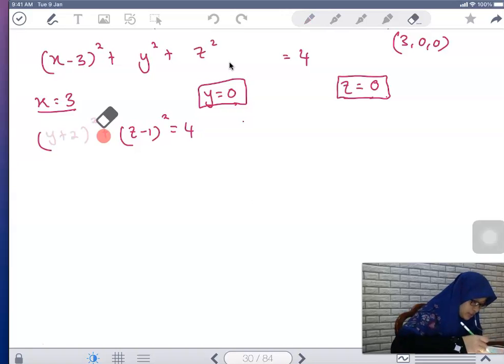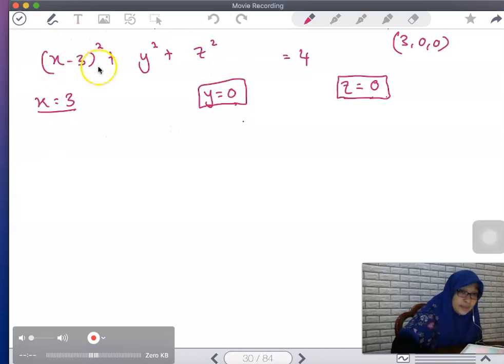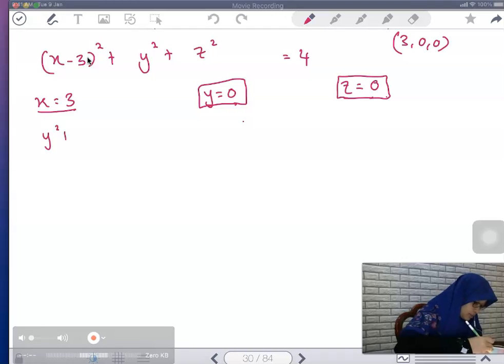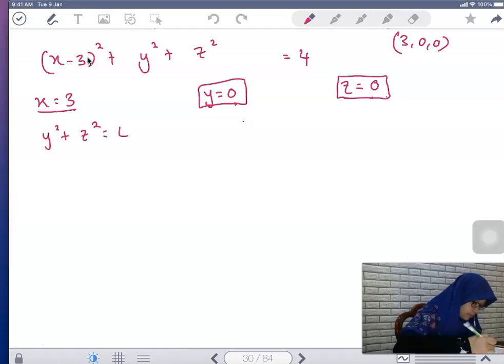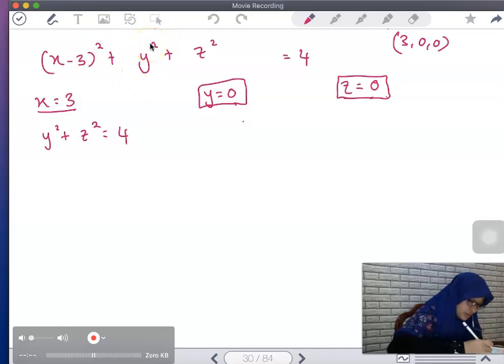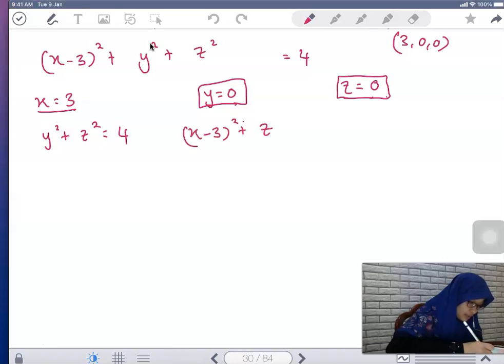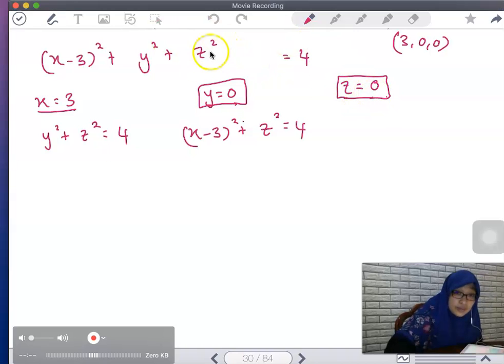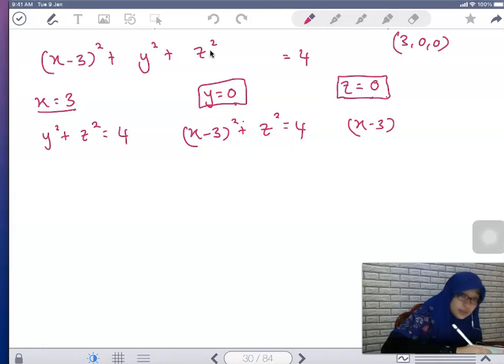Now you replace x equal to 3, then this one becomes 0, so you have only y squared plus z squared equal to 4. Then when you set y equal to 0, this becomes 0, so you have x minus 3 squared plus z squared equal to 4. And for the last one, you set z equal to 0, so you have x minus 3 squared plus y squared equal to 4.